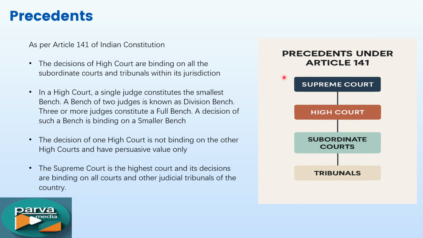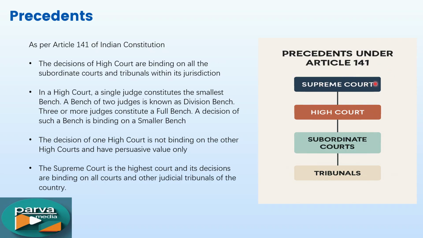Let's now understand how judicial precedents operate within the Indian constitutional framework, especially under Article 141. Article 141 states that the law declared by the Supreme Court shall be binding on all courts within the territory of India.